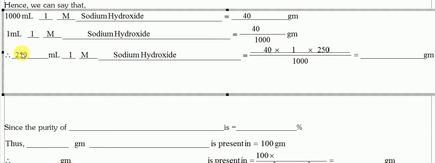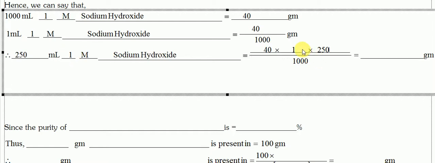We have to multiply this one with 250 ml. Since 250 ml is a very large formula, we have to multiply this with 250 ml, and this one comes from here.